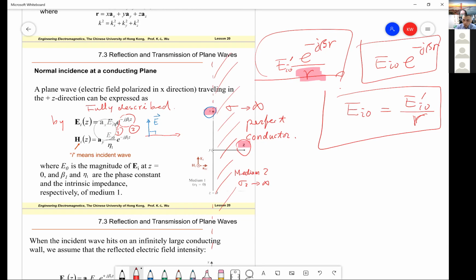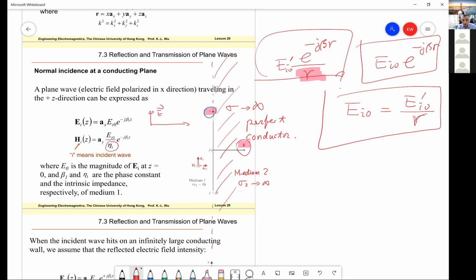Okay, now once we have the electrical field and propagation direction, we also need to find the magnetic field. For a plane wave, if we know the propagation direction, the electrical field, and the wave impedance, it's a piece of cake. You just divide by the wave impedance.